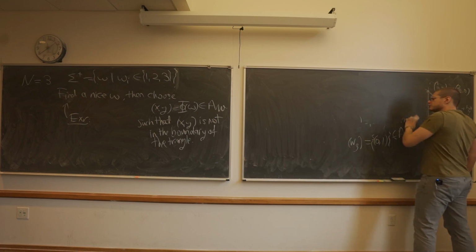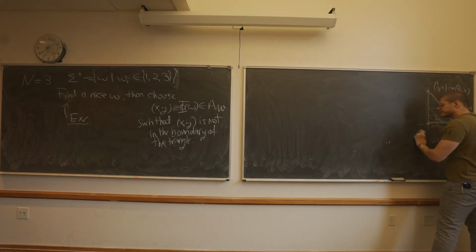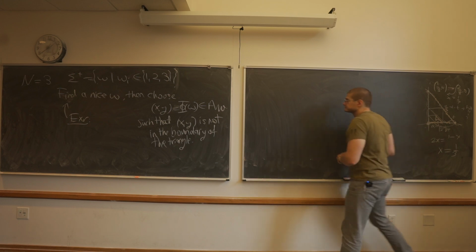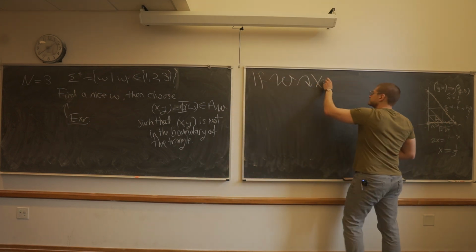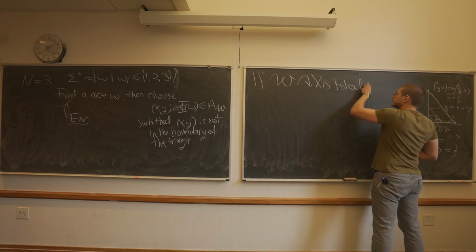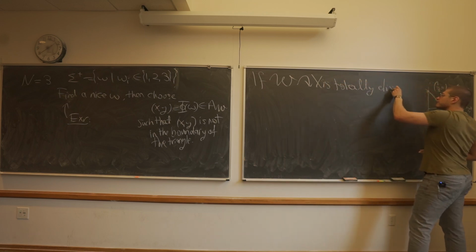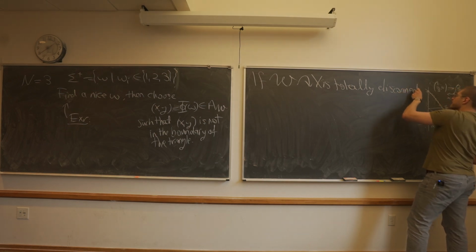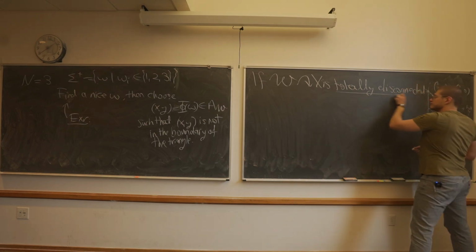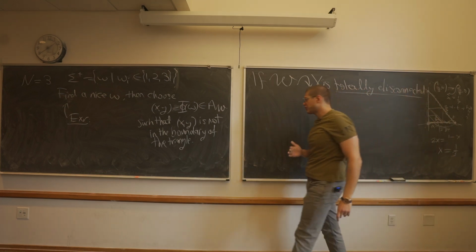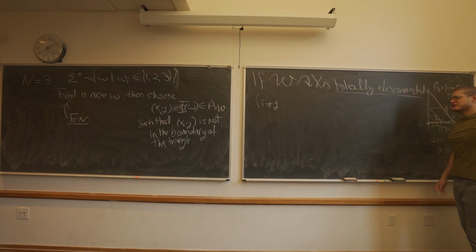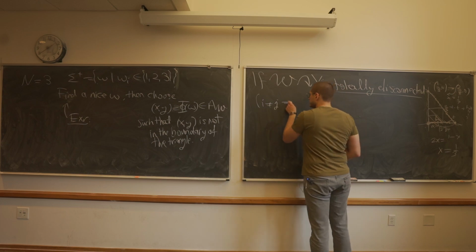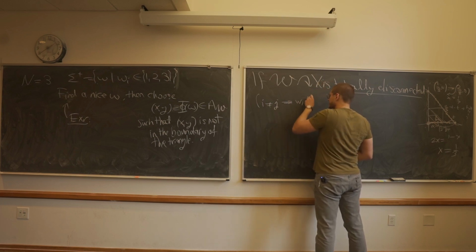So if the IFS is totally disconnected, I call that one of the three properties, three different iterated function systems you could have, which means that if you have two distinct indices, then their images are different, or in fact, they are not intersecting.